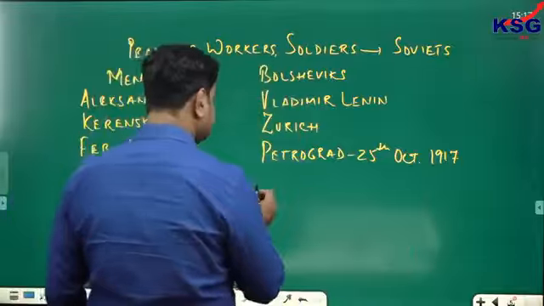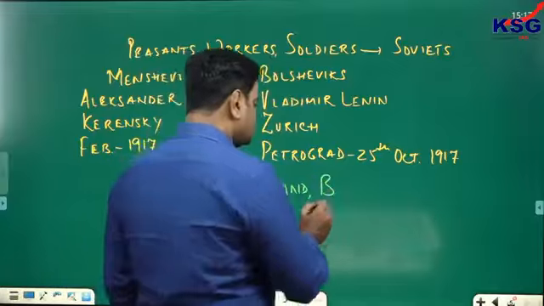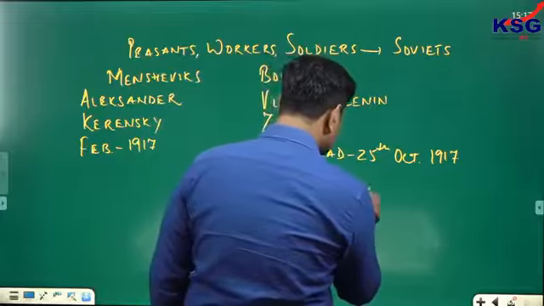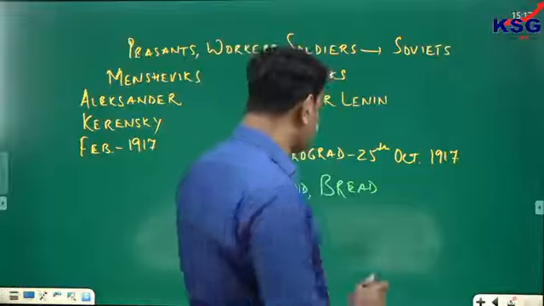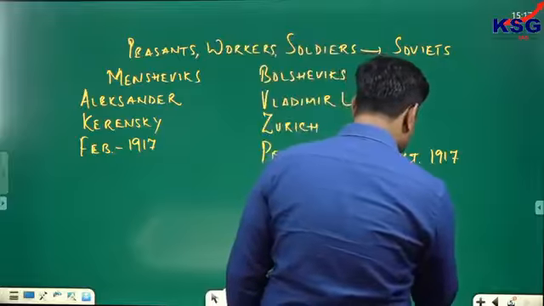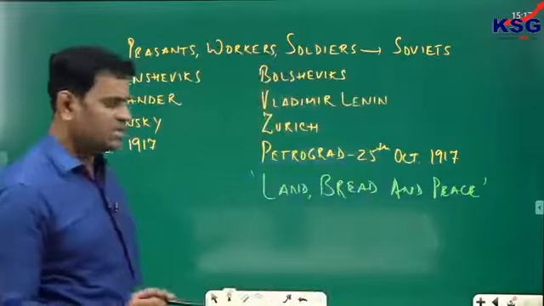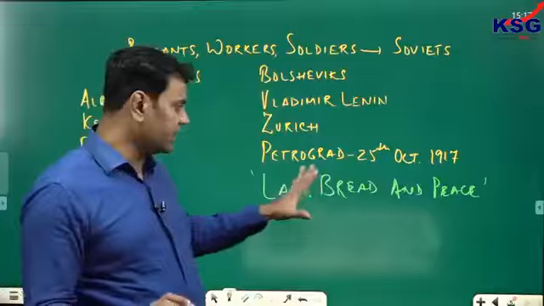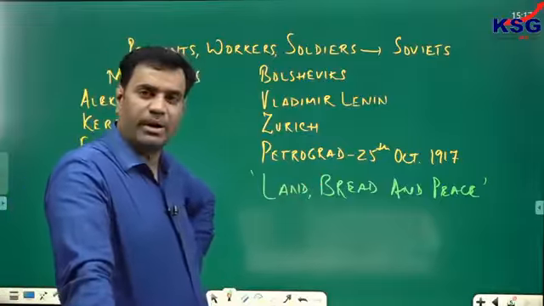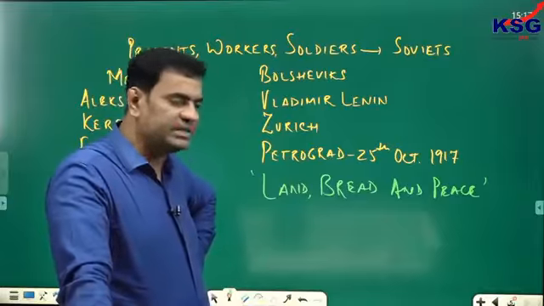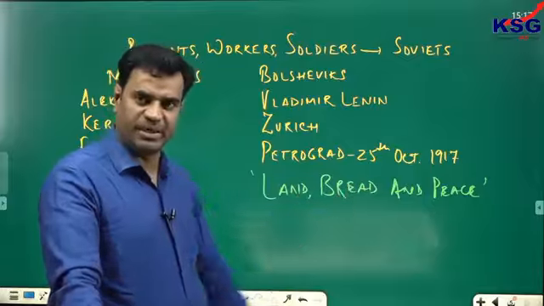Right? In this speech, he highlighted that the Russian Revolution is not complete, as Russians need, very important thing, with inverted commas, land, bread and peace. Land means proper distribution of resources. Bread means food security. Peace means durable peace.